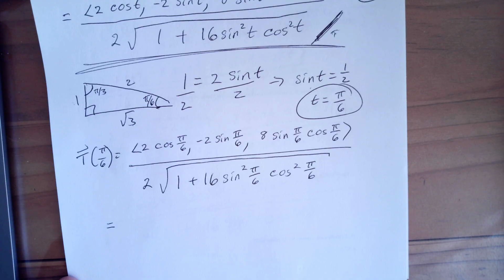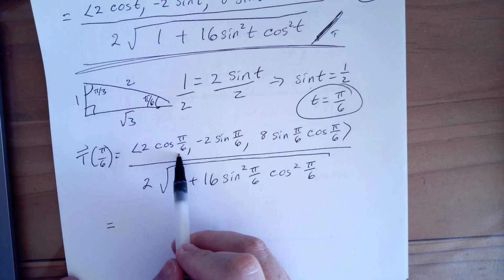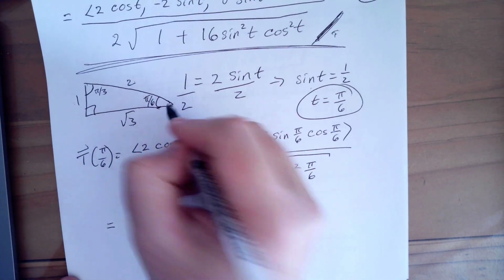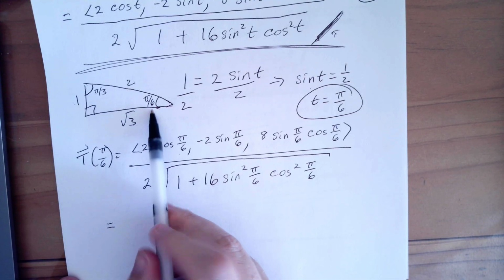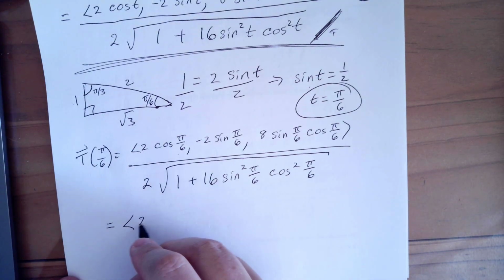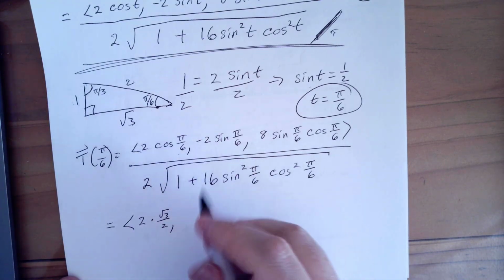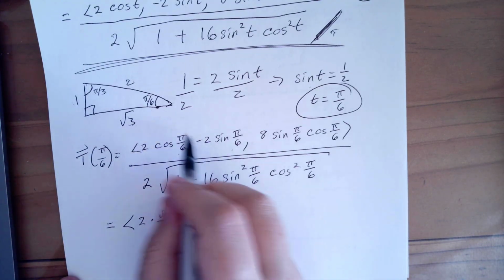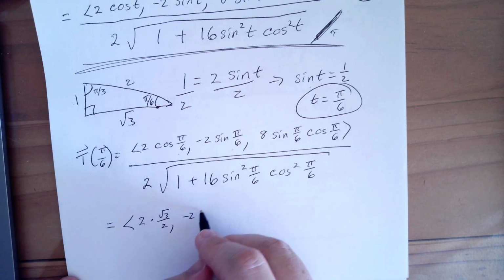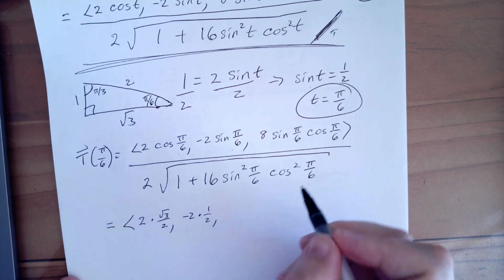So we need the cosine of pi over 6. We can go back to this 30, 60, 90 right triangle if we want. This is going to be 2 times square root of 3 over 2, negative 2 sine of pi over 6. We know that is a half, so this will be multiplied by a half.